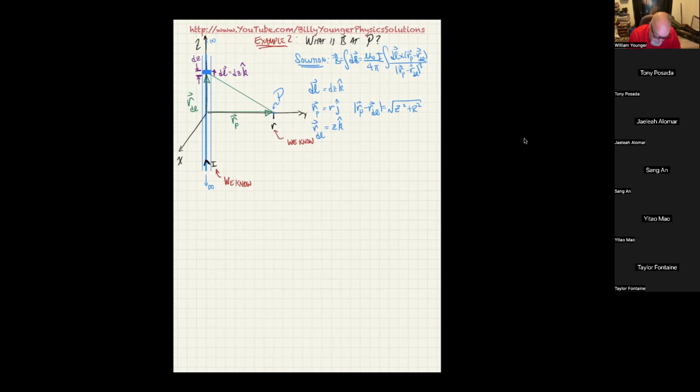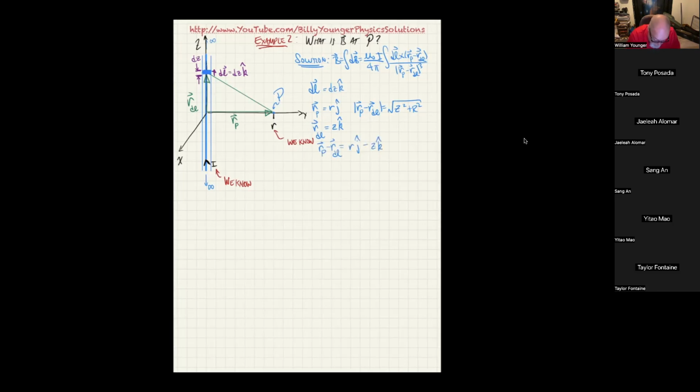Let's go ahead and compute what dl cross rp minus rdl is. Oh, I didn't calculate rp minus rdl. So let's do that real quick. rp minus rdl. So rp we see is R j hat, so that's going to be R j hat minus rdl, which is z k hat.